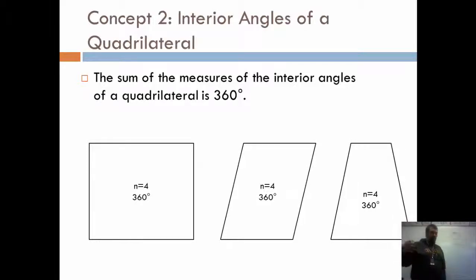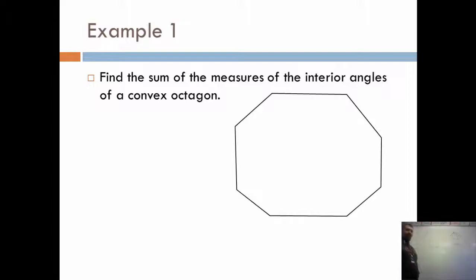It's the big one that tells you for every single polygon. But we're going to be specific right now because we're looking at quadrilaterals in this chapter, so this is the one that's important to us. So if I see a quadrilateral, anything with 4 sides, I know that all the interior angles add up to 360.